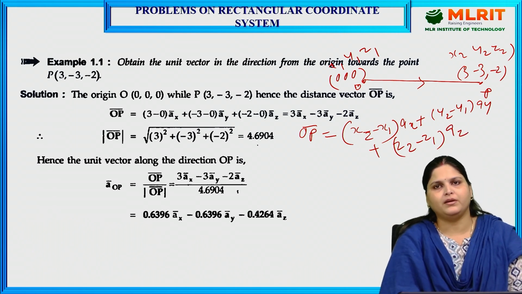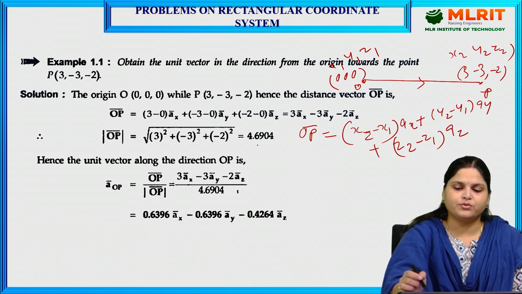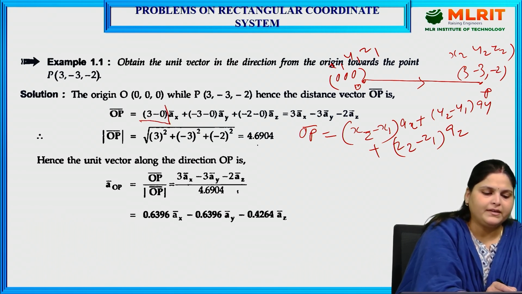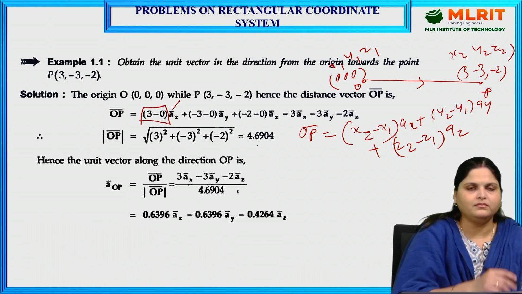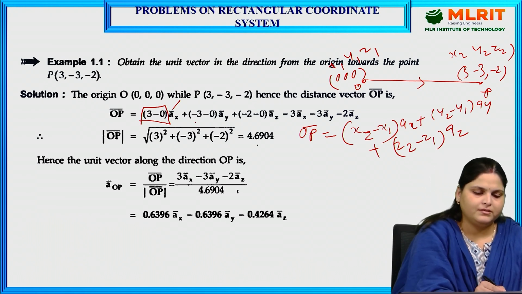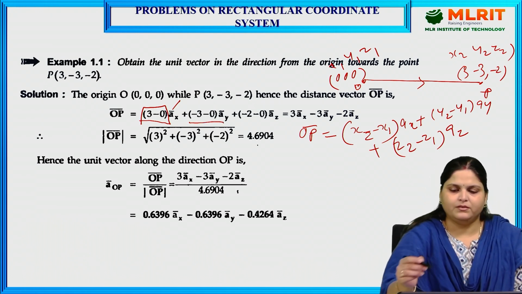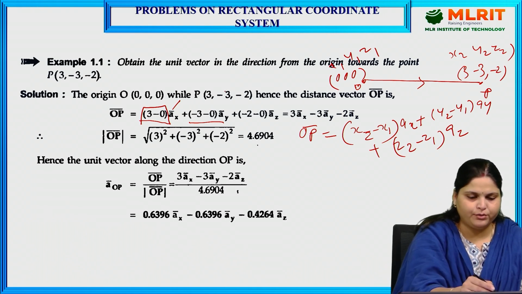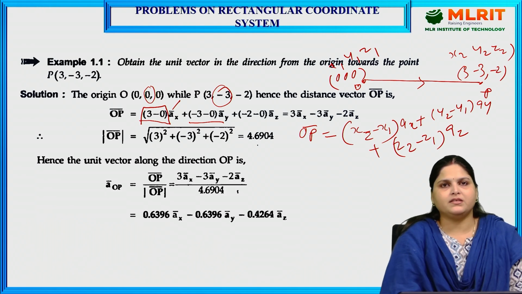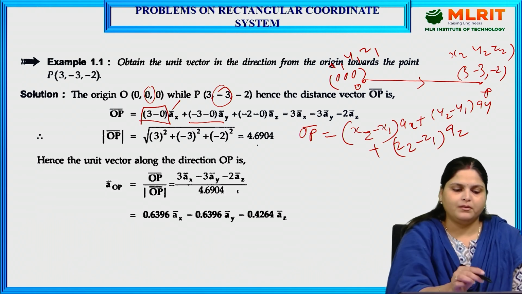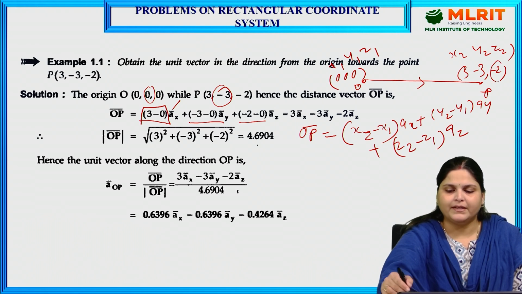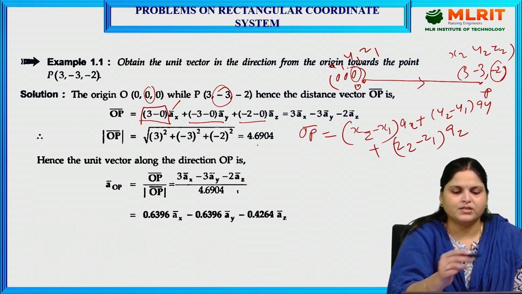This is the formula. Now what is x2? x2 is 3 and x1 is 0. So we have written 3 minus 0, and ax is the direction or unit vector, plus y2 minus y1. What is y2? Minus 3 minus 0, ay, plus z2 minus z1. What is z2 here? Minus 2 minus 0.